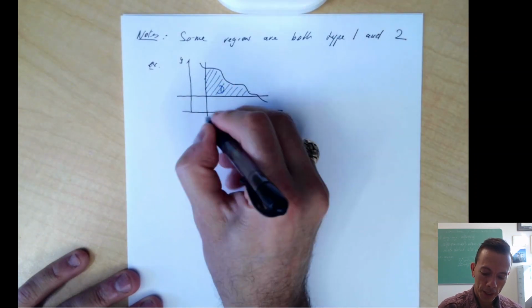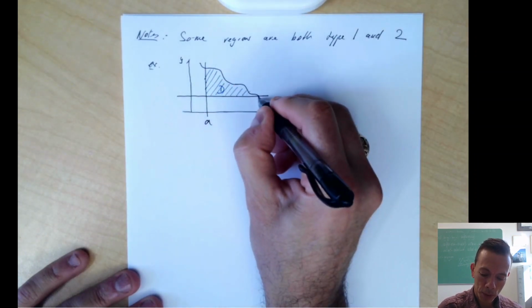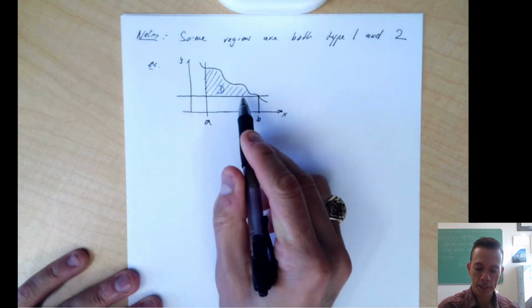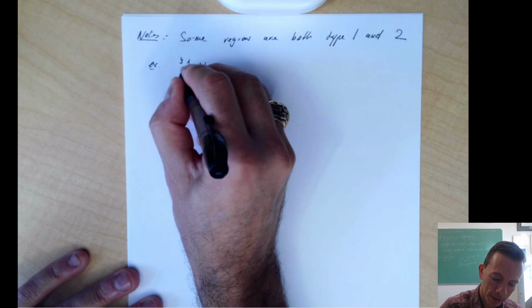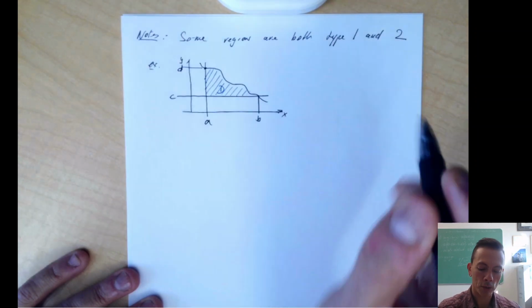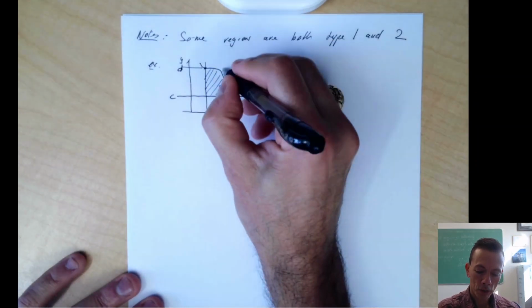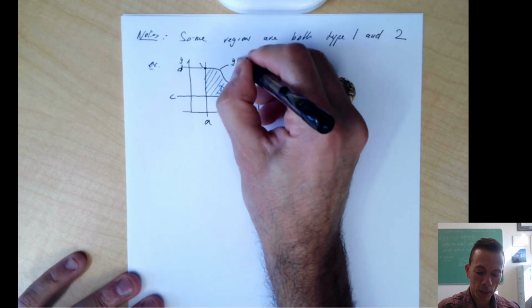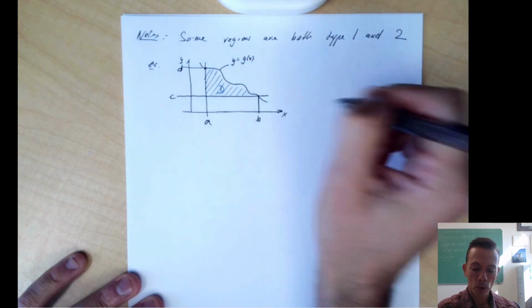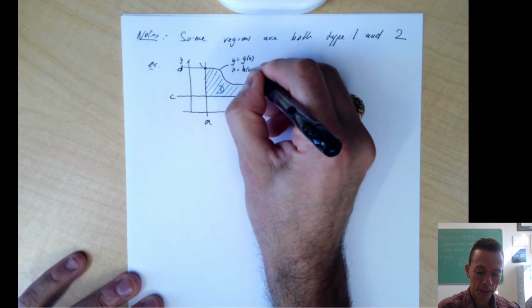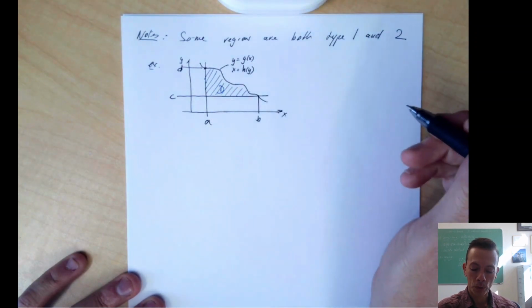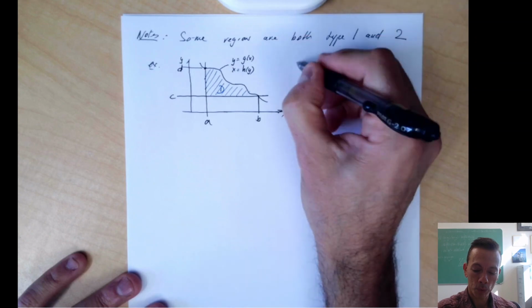So in this case you have a and b are the extreme points in the x direction, and you have c and d are the extreme points in the y direction. And this curve right here can be written y equals g of x, or you can also solve it for x and call it x equals h of y.